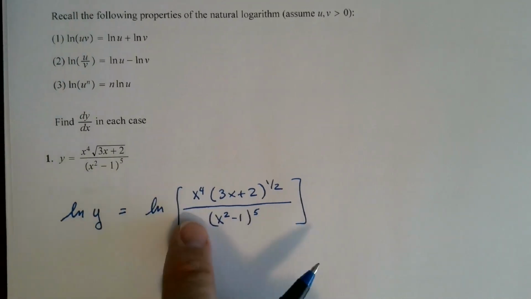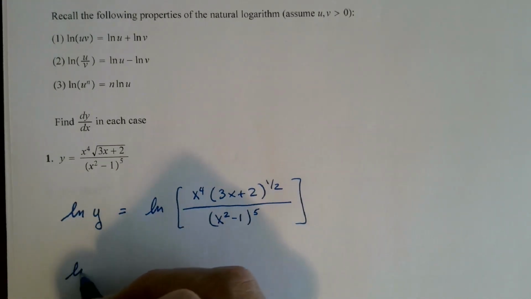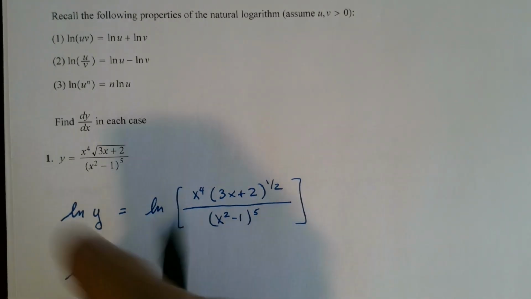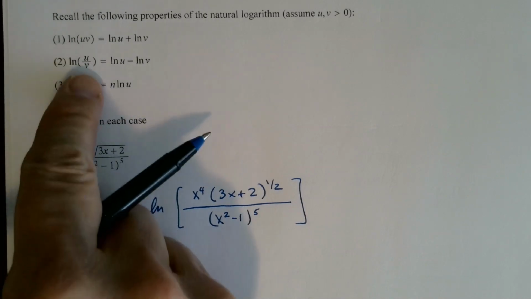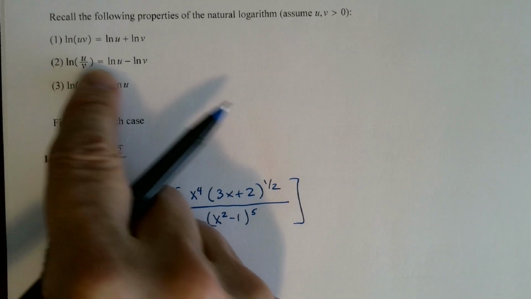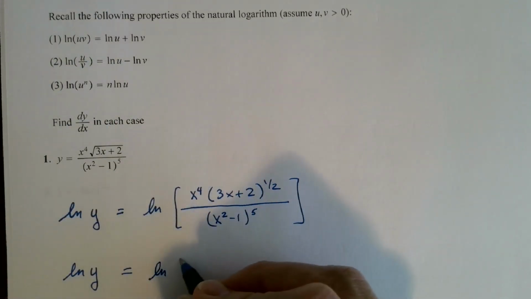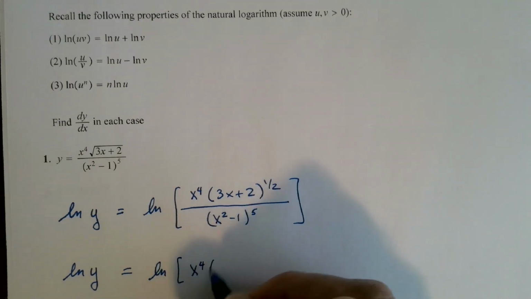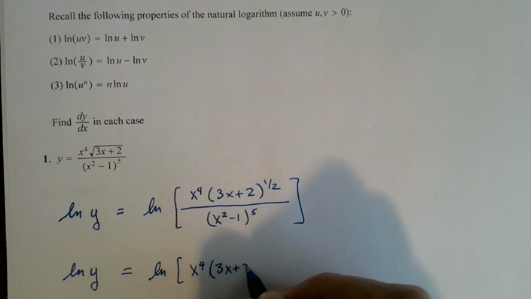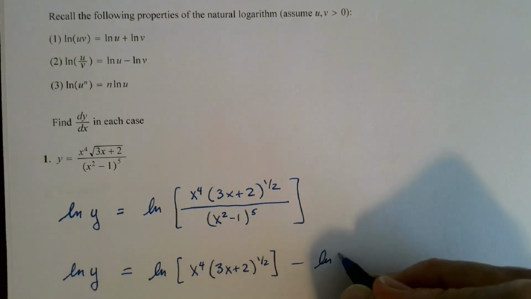But this expression I can simplify. First of all, I'm going to use property number 2 up above, because the log of a quotient is the difference of logs. It's the log of the top expression minus the log of the bottom expression. So I've got the log of the top expression minus the log of the bottom expression.